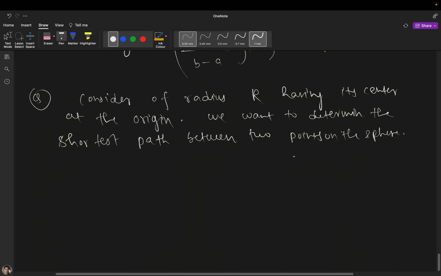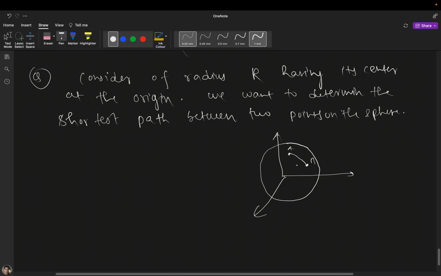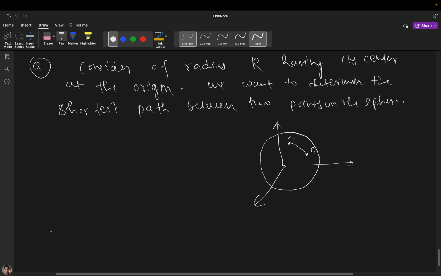So this is the problem. In 3D I can represent this like this. There are two points, A and B. Now I want to find a path between A and B such that the distance between A and B will be minimum. Can you tell me what the answer will be intuitively?